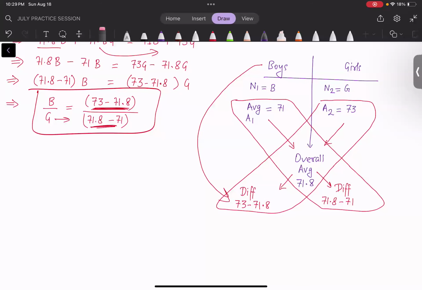Now you will write boys divided by girls. Now you will see on the boys side what is the difference. So you will write 73 minus 71.8. On the girls side, what is the difference? You will say, sir, 71.8 minus 71. Now you will just simplify this. So here you will get 1.2. Here you will get 0.8. So you will get 3 by 2. That means 3:2.